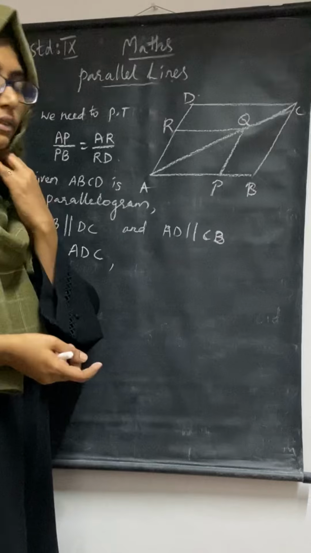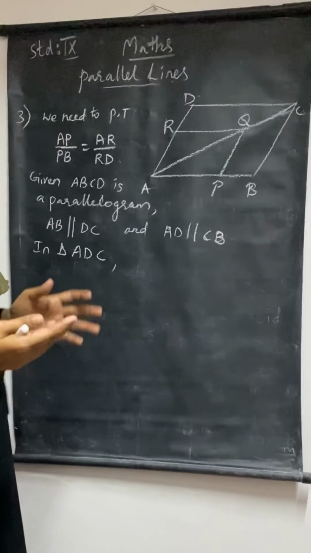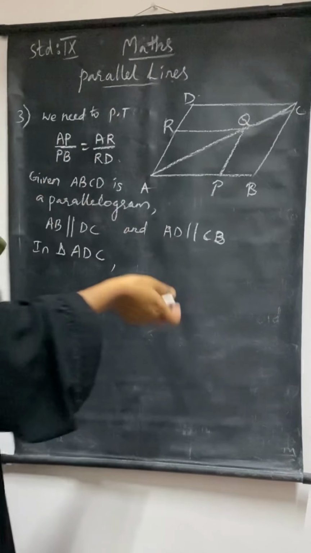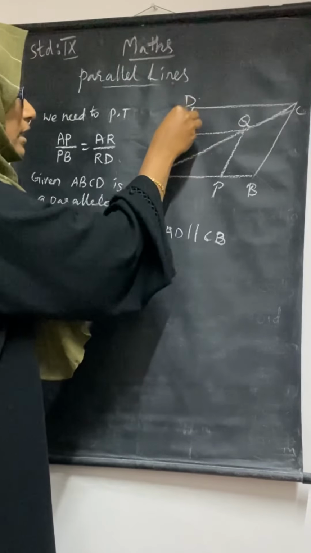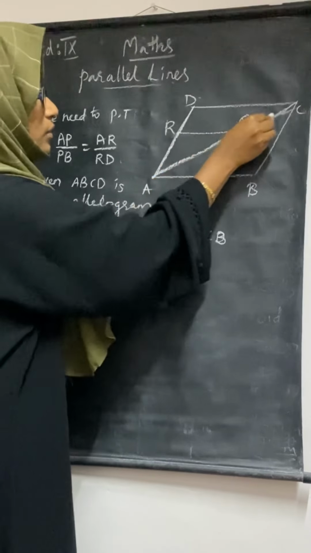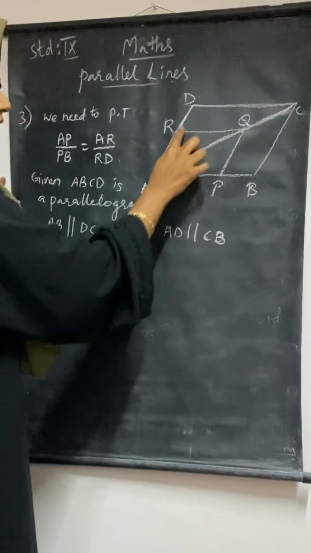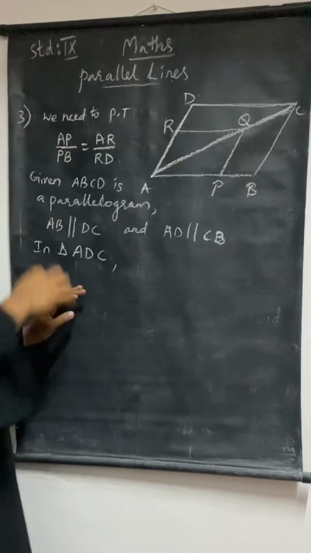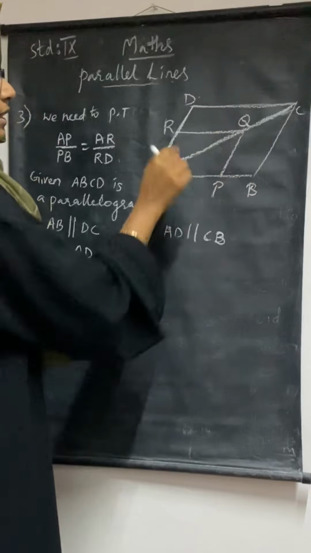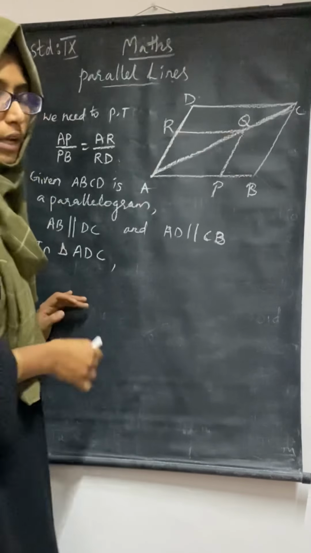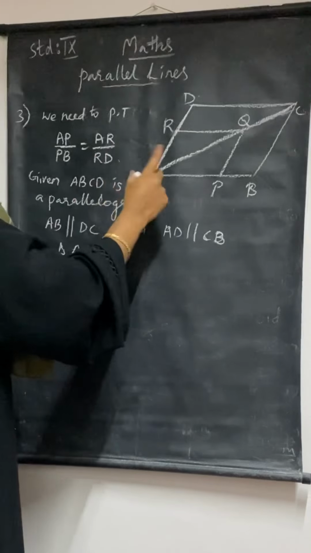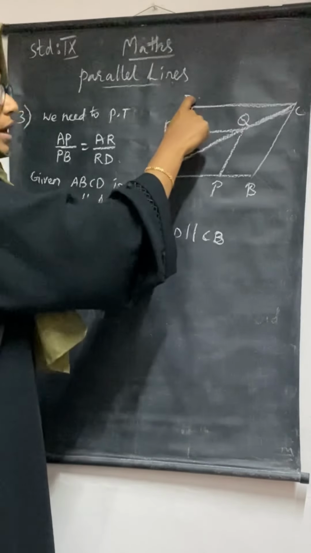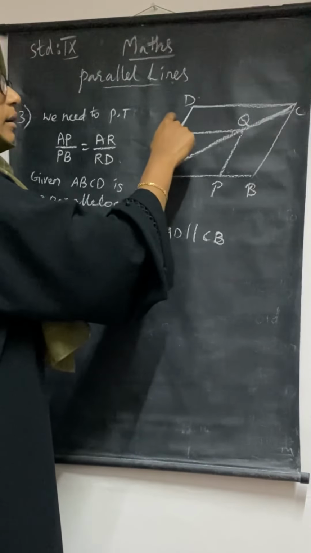Now, we have studied parallel lines, and also triangle division. Triangle division means through the triangle you can draw a parallel line so that the sides will be divided in the same ratio. Now, by triangle division, you can see this is one triangle, triangle ADC, and the second triangle is here, ABC. In the first triangle, this parallel line is going, so the ratio of the sides becomes AR is to RD, which we can write as AR divided by RD.